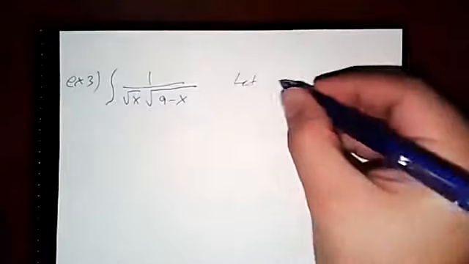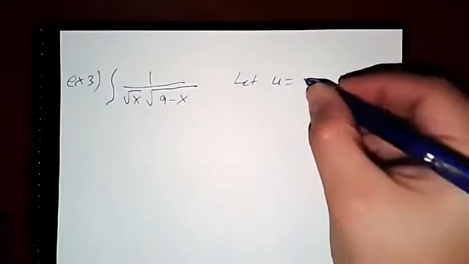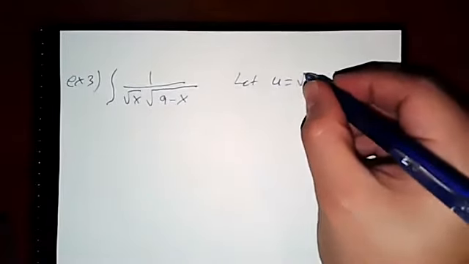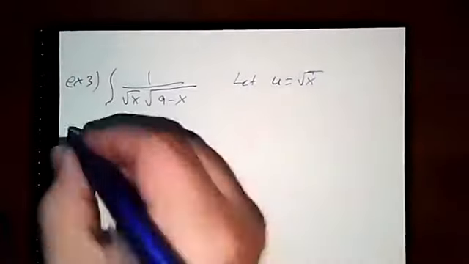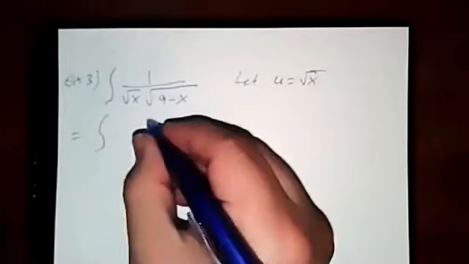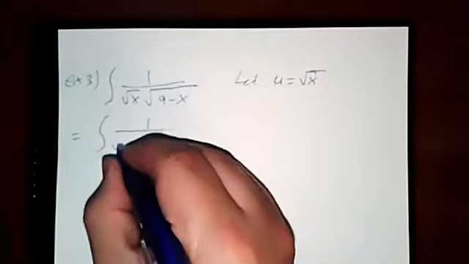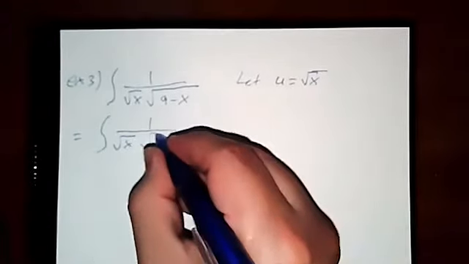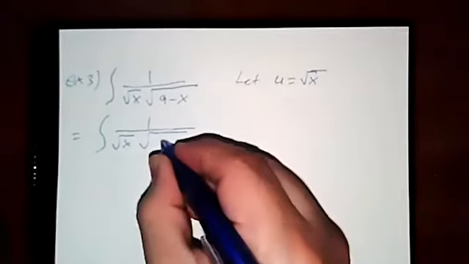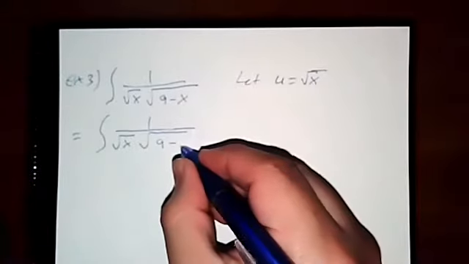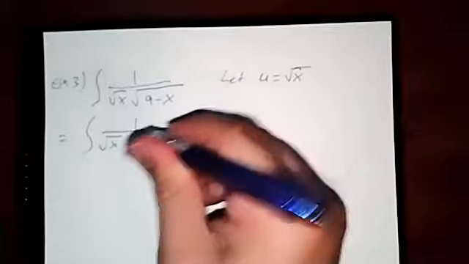So let's let u equal square root x. And the reason I chose that, because right now you're probably wondering, well, how did you know that? Well, I'm thinking that this can be rewritten as 9 minus square root x squared. Actually, let's rewrite both while we're at it.